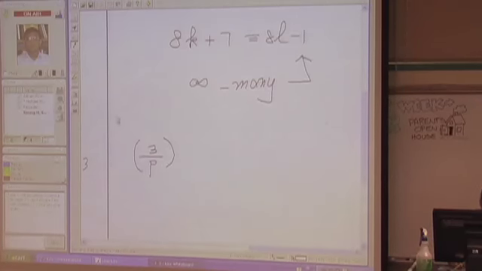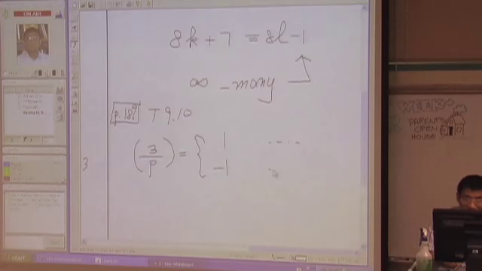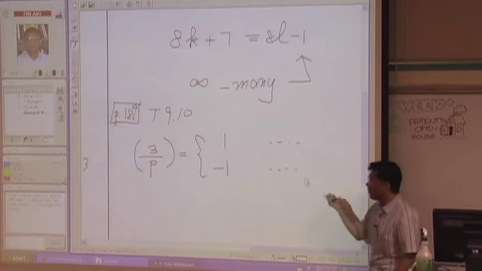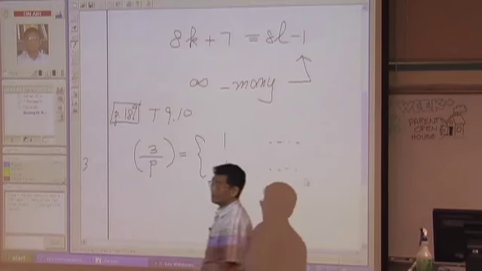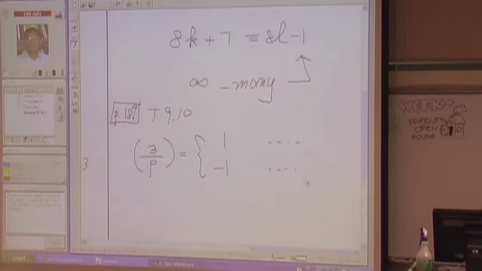The page number is 189, and this is theorem 9.10. We don't have time, but we can handle this by reciprocity. Sometimes it's 1, sometimes it's negative 1, and this can be handled by reciprocity. Unfortunately, we didn't have enough time to cover it. So roughly, these are the cases we can consider.